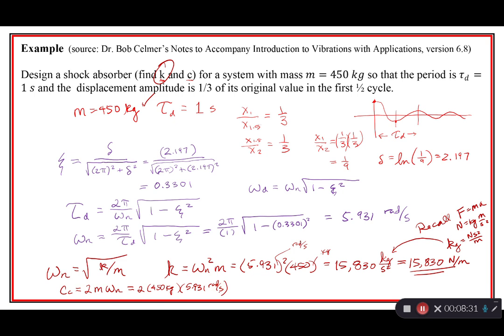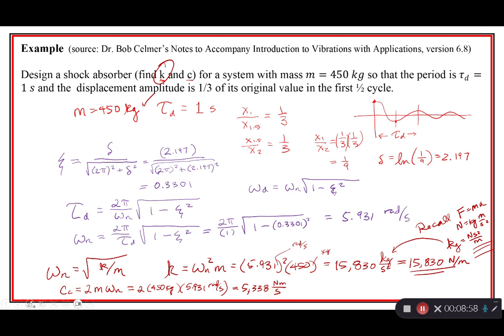And once again, we get the weird kilograms per second, but we could use the same idea as above to replace that, and we'll see that we get the expected units. These are Newton seconds per meter.